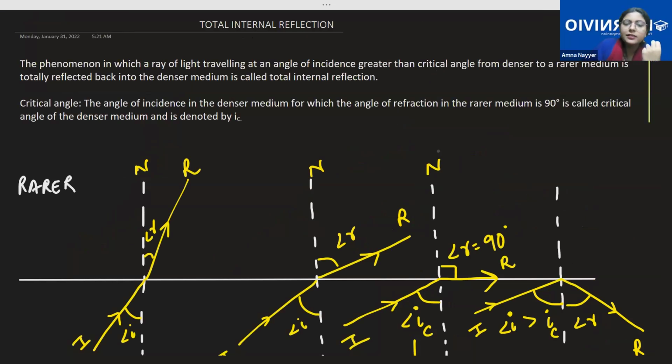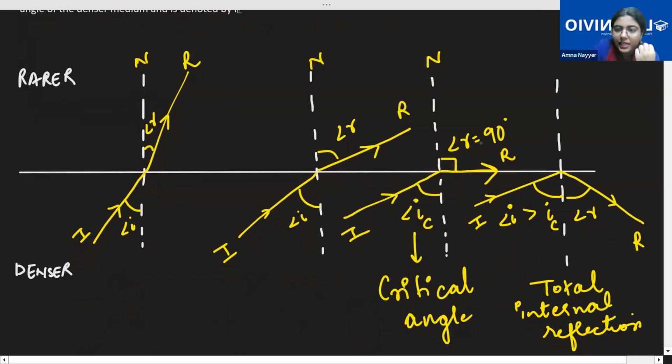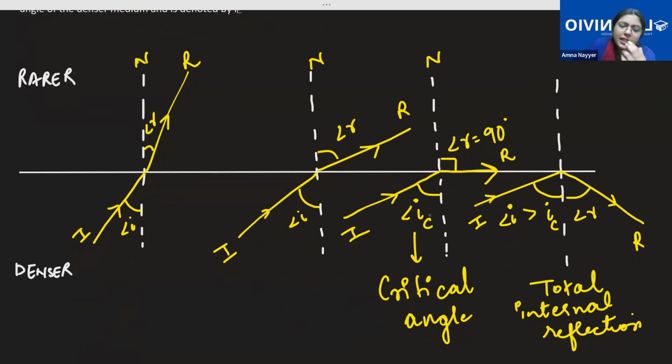I didn't understand. See, total internal reflection is now critical angle has been achieved, means an angle of incidence is there. When you have increased the angle, critical angle, means you have increased the angle of incidence so much that angle of refraction is 90 degree. That condition, this angle is known as the critical angle. Okay. Now, this is a normal case of refraction. Two surfaces are there, one denser medium, one rarer medium.